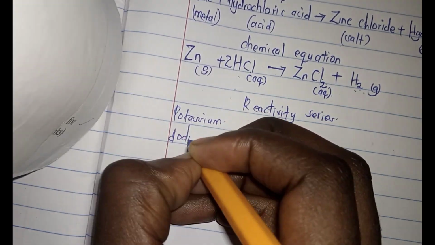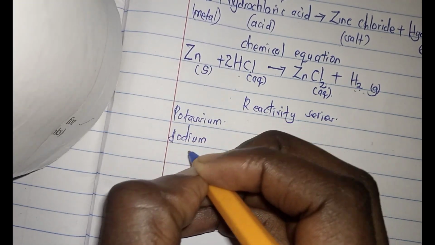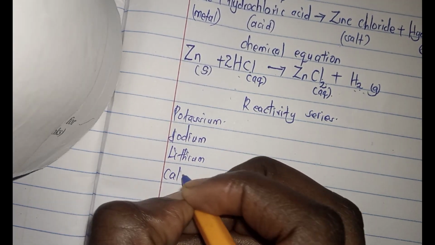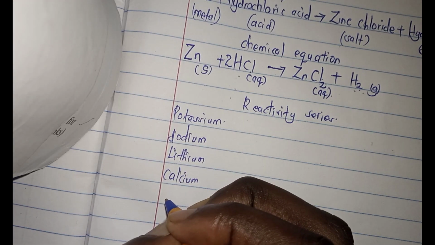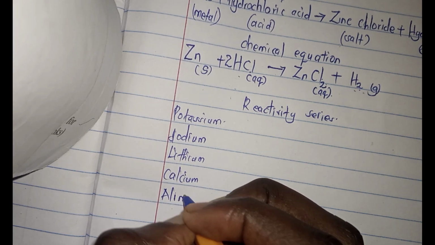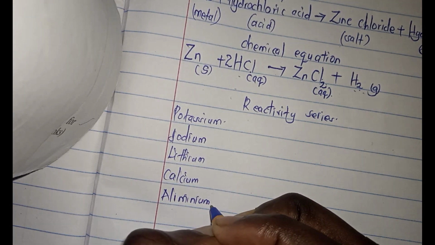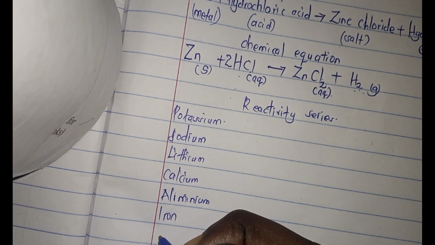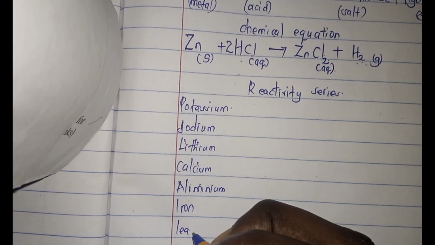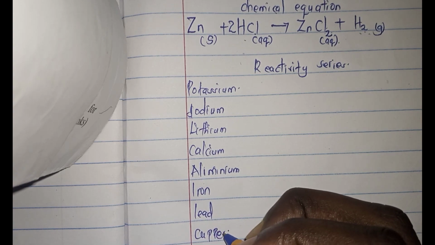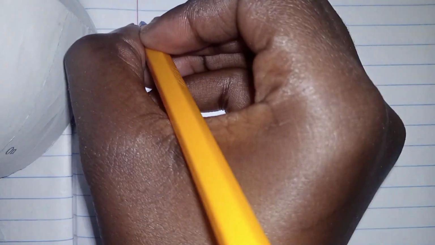We have sodium, lithium, calcium, then aluminium, iron, lead, and copper. So copper is the least reactive.